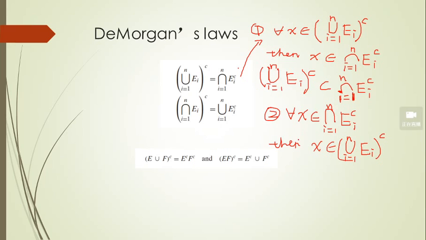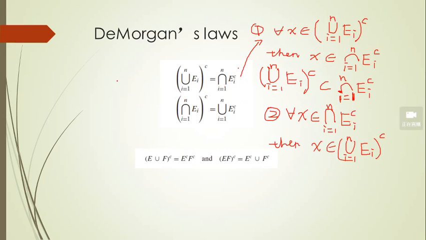So part two means you prove the right side is a subset of the left side. So that is what we said: E is a subset of F, and F is a subset of E. What do those two subsets imply? E and F are the same event. E equals F. That is the idea of how we prove it.